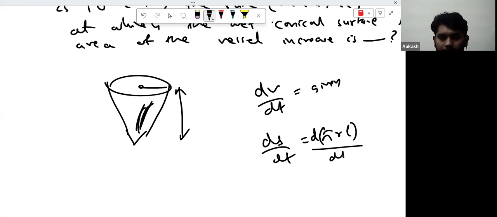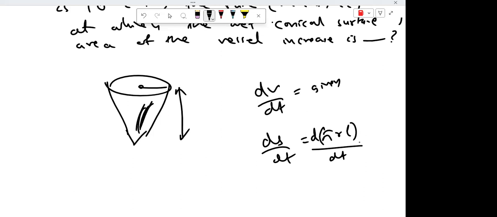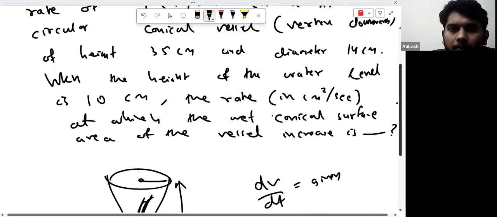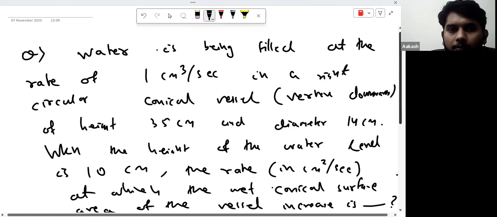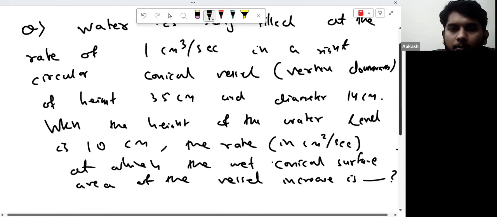All right, Shahid. So dV by dt is 1 centimeter cube per second.